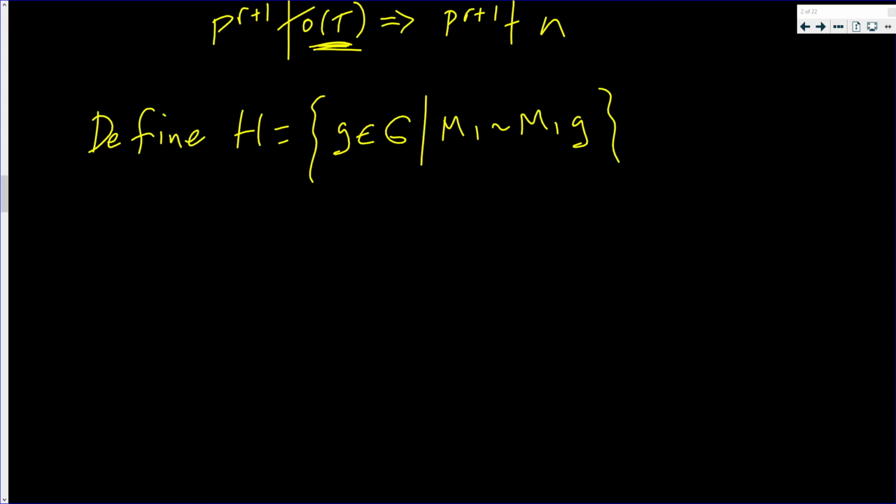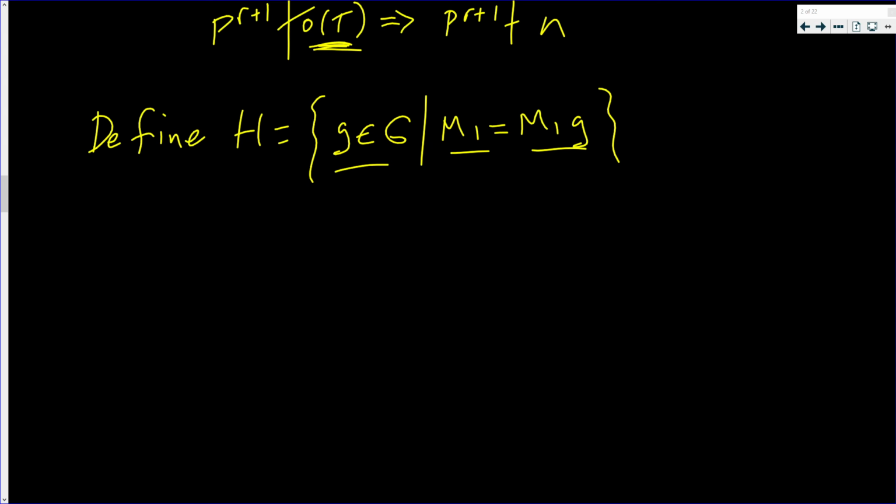Now, let's prove that this is a subgroup. Now, how does G get to be in there? If M1 and M1G are related. Sorry, that's ridiculous. They're equal.